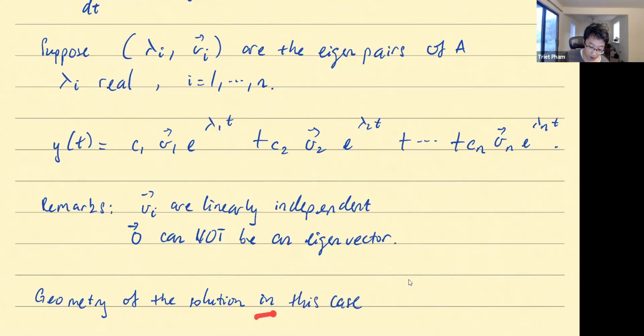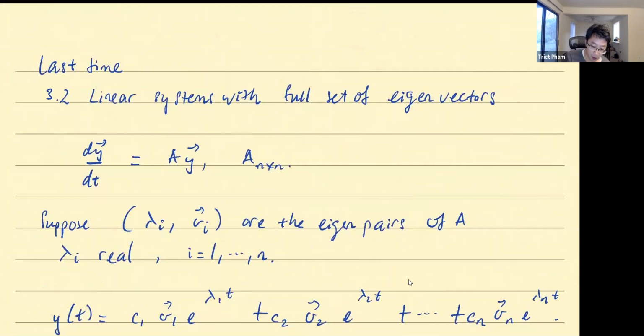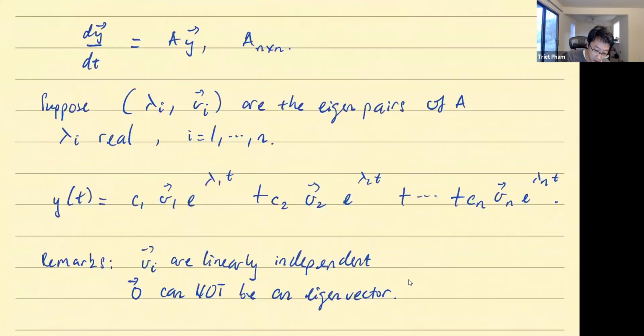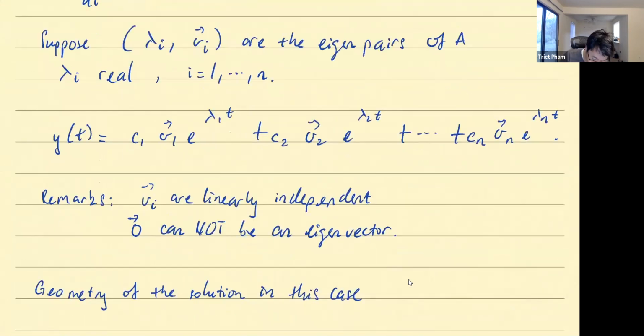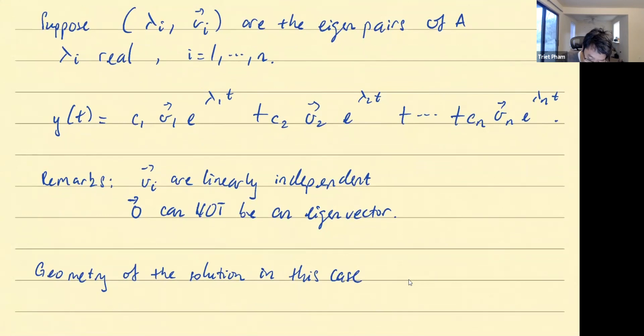I don't want to keep saying distinct eigenvalues, so when I say this case, I mean the current topic. Maybe let me go back and say here: distinct non-zero eigenvalues.